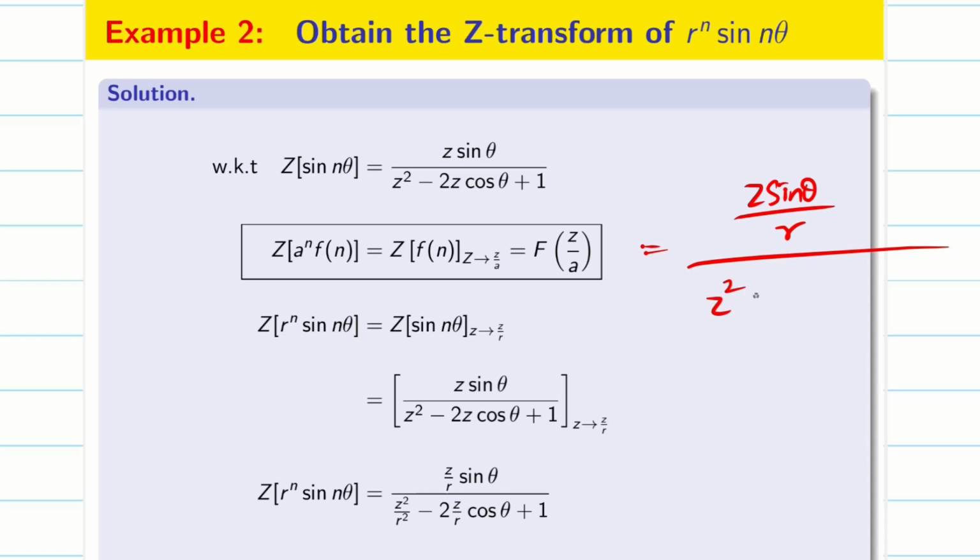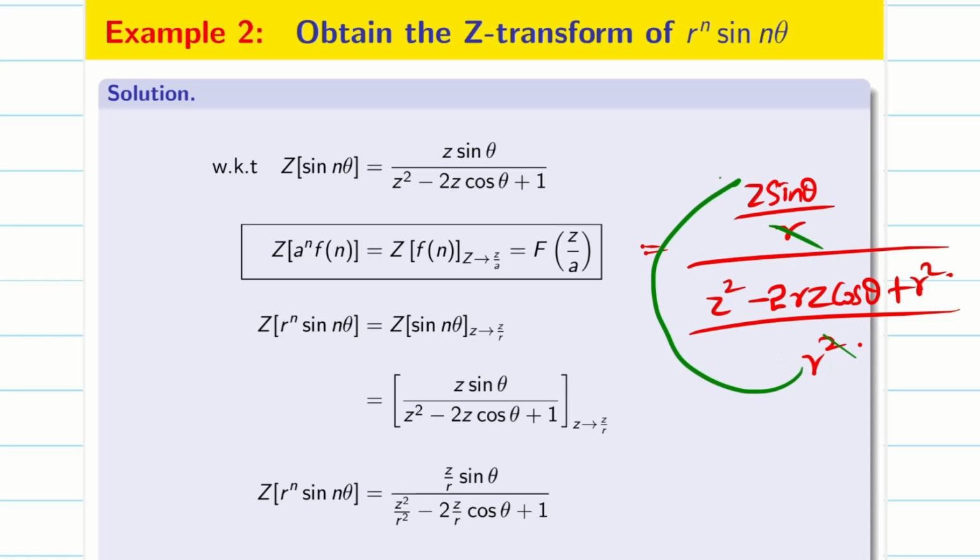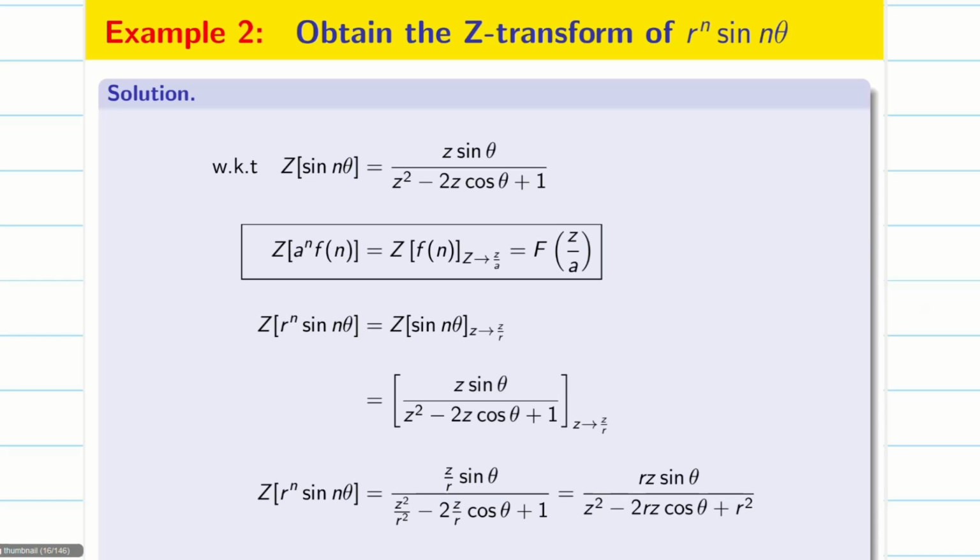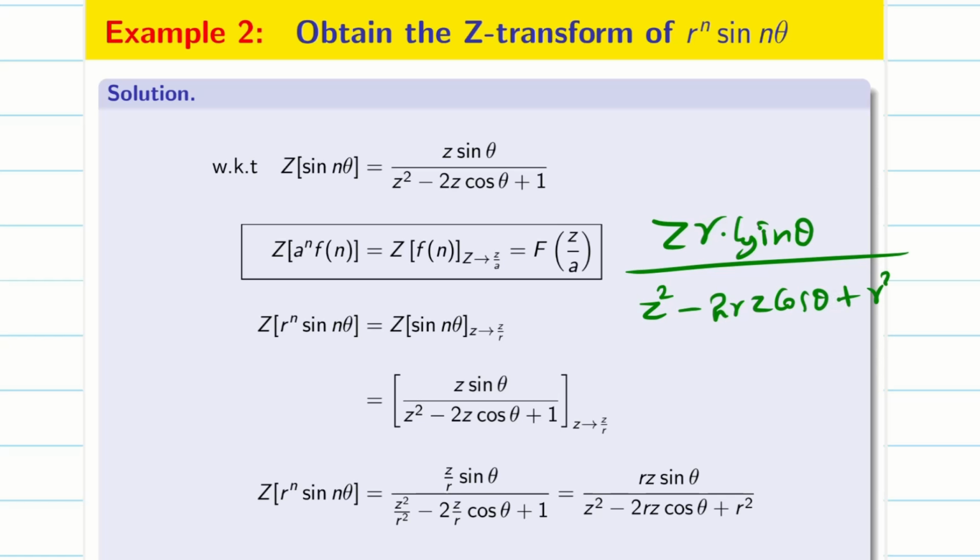Denominator as usual like the previous one, Z square minus 2ZR cos theta plus R square divided by R square. Now R square and R will get cancelled. This R will go to the numerator. So my answer is going to be ZR sin theta divided by Z square minus 2RZ cos theta plus R square.